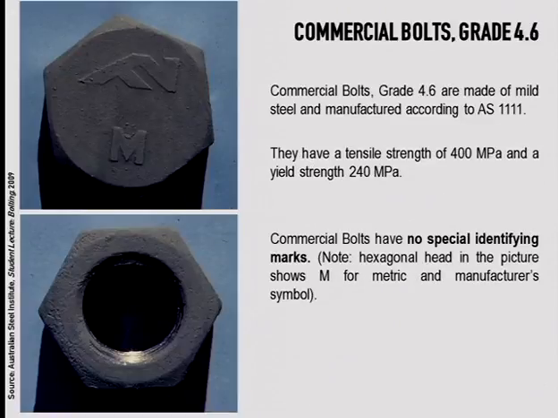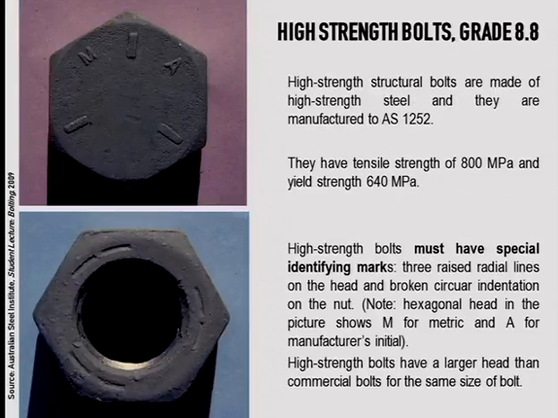And what type of bolts we use to do that? Well, with the commercial bolts, these ones, they're not identified by any sign, only the M that stands for metric. And in this case, what happens is that you can just use the snug tightening, okay? Not the full tensioning. If you want full tensioning, then you need to use these high strength bolts.